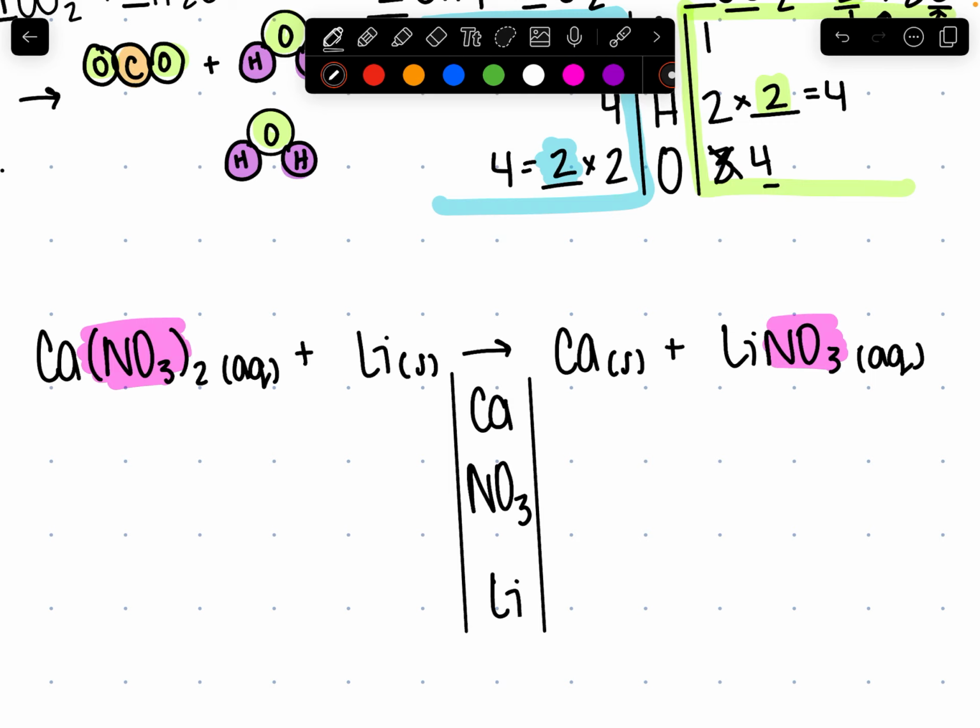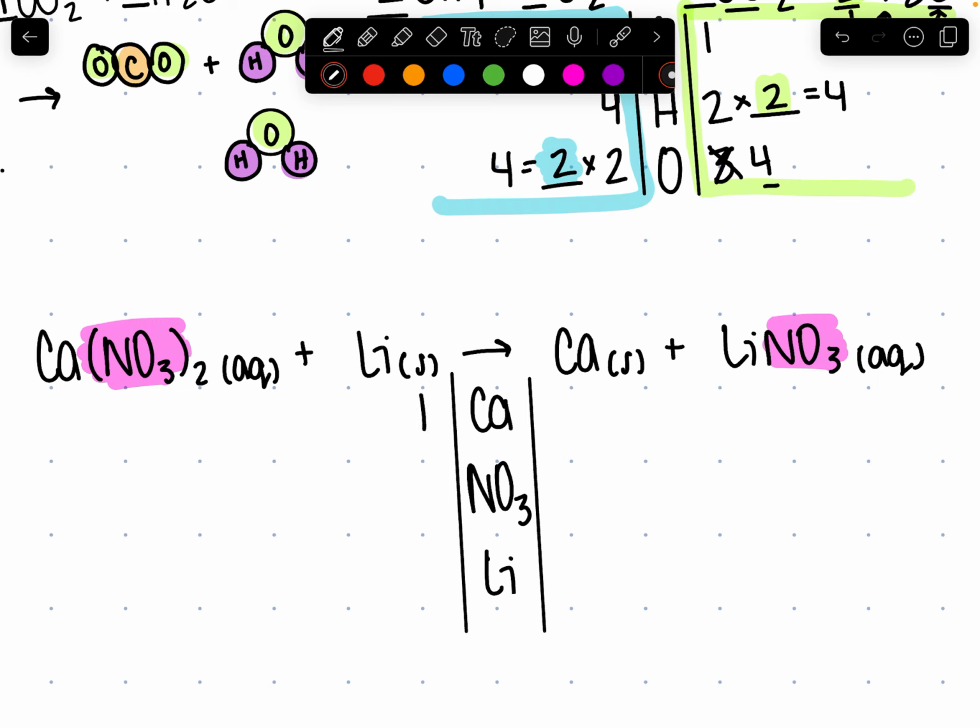That's going to help a lot when you're going through and doing your counts, because rather than having to balance nitrogen and oxygen separately, now you just got to balance the nitrates, which is going to make your life a whole lot easier. So let's go through and do the next step, our initial counts.